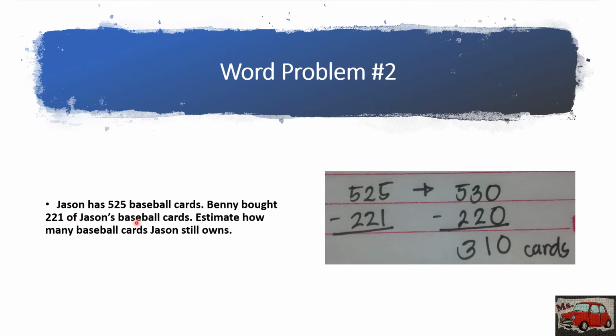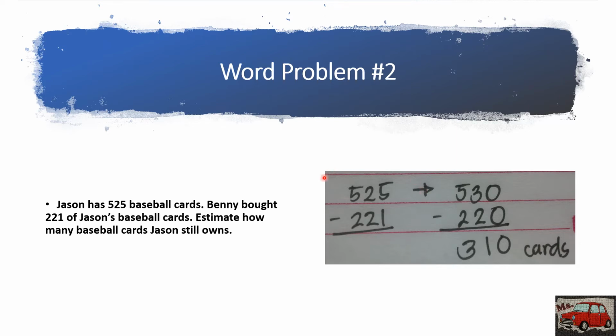Okay? So since binili from Jason, ibig sabihin, nabawasan yung baseball cards ni Jason. Okay? So in this case, ang gagamitin nating operation is subtraction. Alright? So since estimate yung hinihingi, we will just estimate the numbers sa nearest 10th place. Okay?